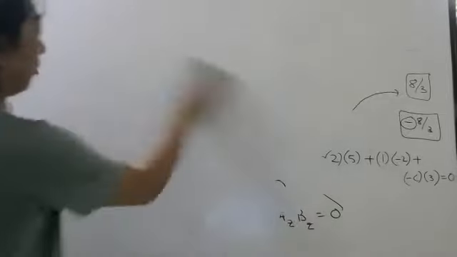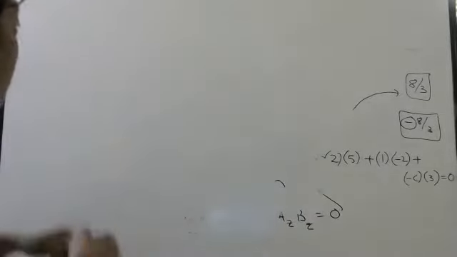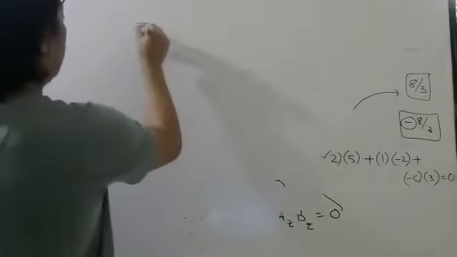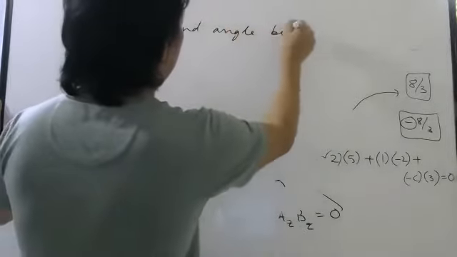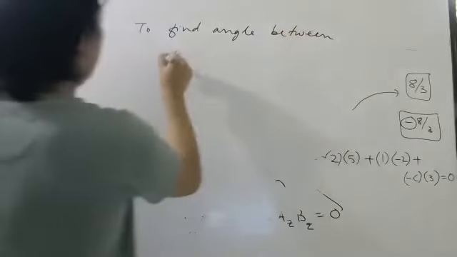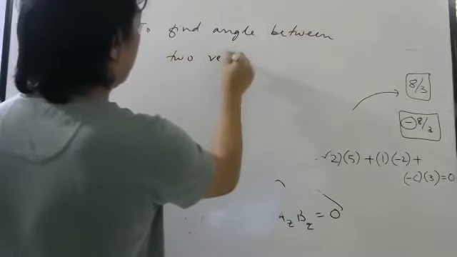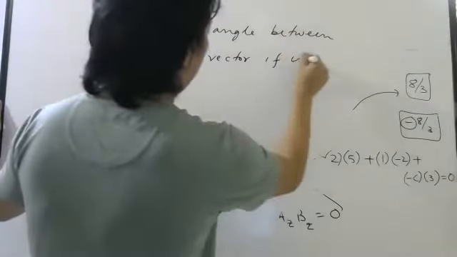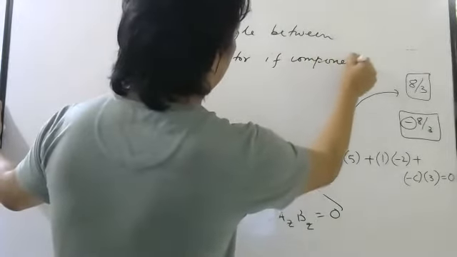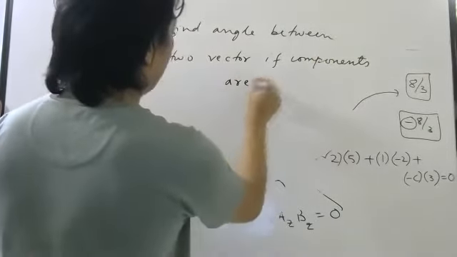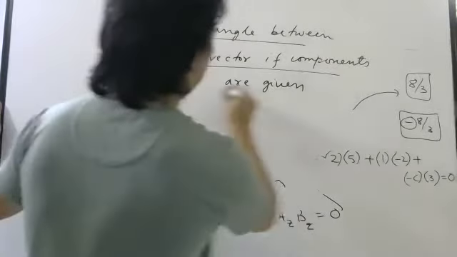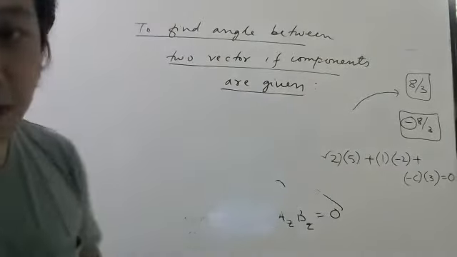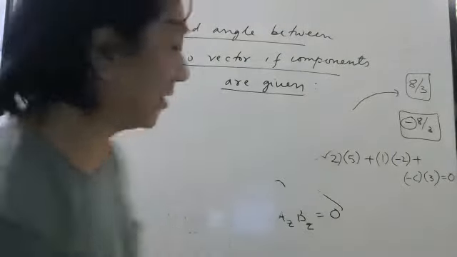Those who want to know now only, you can do it like this. Look here. To find the angle between two vectors if components are given, we will combine the two definitions.